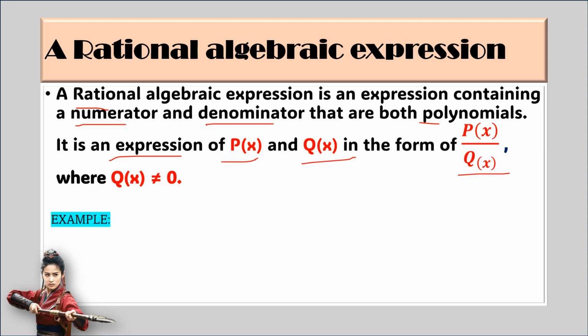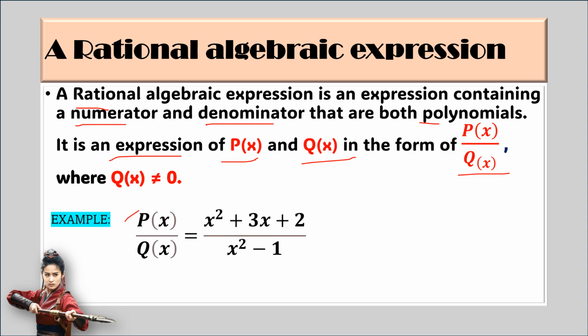So let's have an example of a rational algebraic expression with the variables p of x. This is the numerator, which represents x squared plus 3x plus 2.